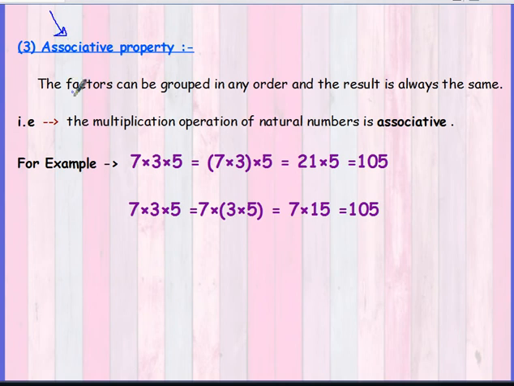Associative property. The factors can be grouped in any order and the result is always the same.